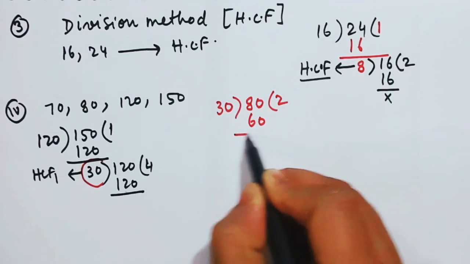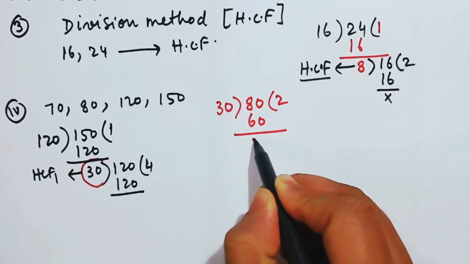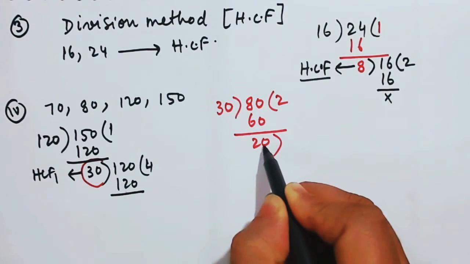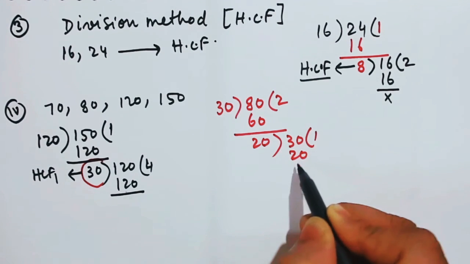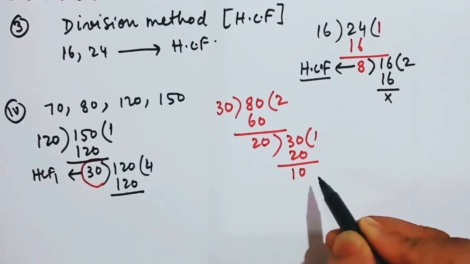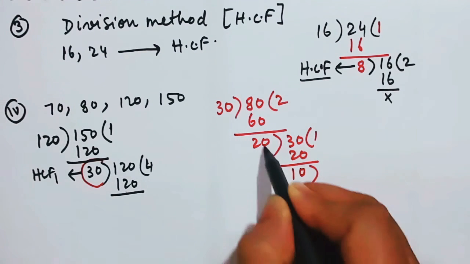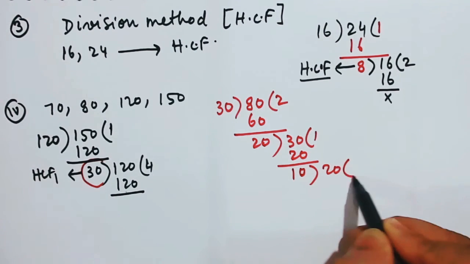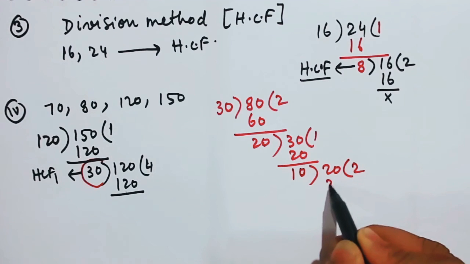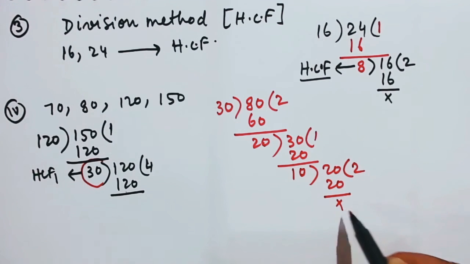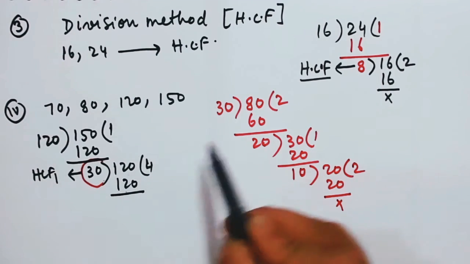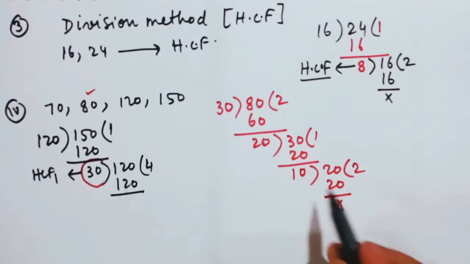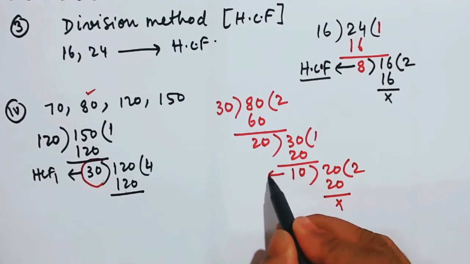Very good. Here you will get 20. This will become the divisor. 20 goes 1 time in 30, and the remainder is 10. Again this will become the divisor of 20. 10 times 2 is 20. So I found that the HCF of 30 and 80 is 10. This is your second HCF, HCF2.